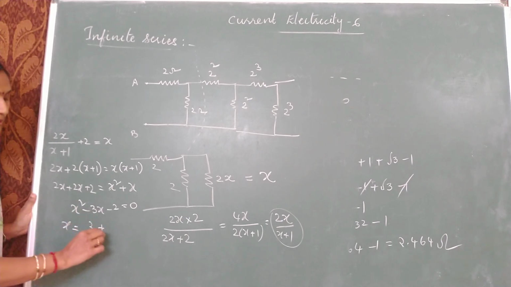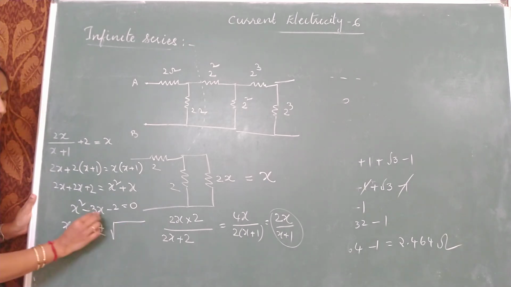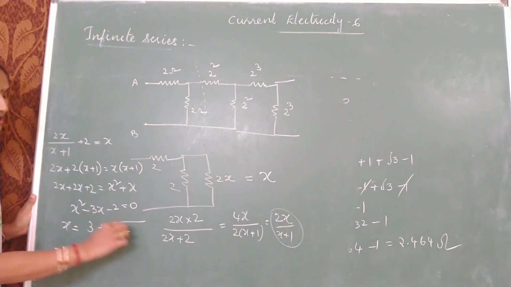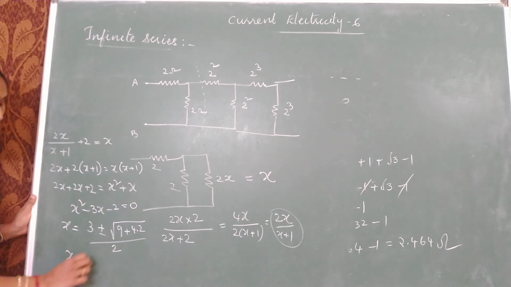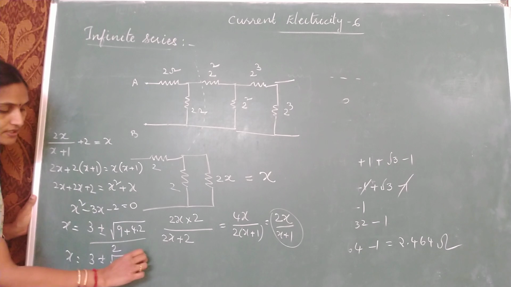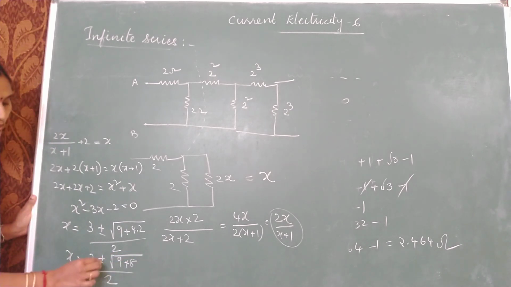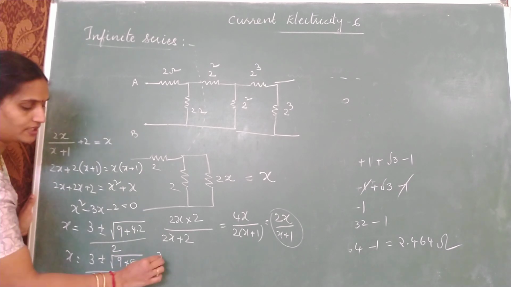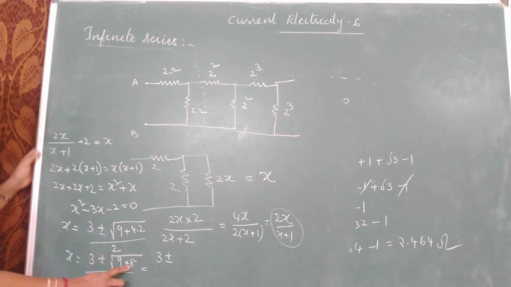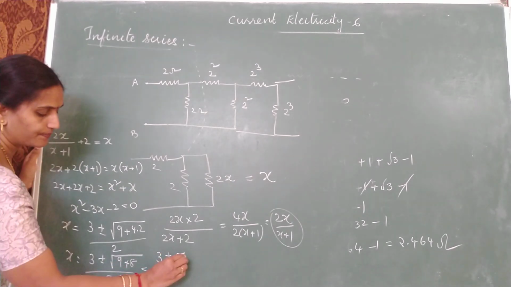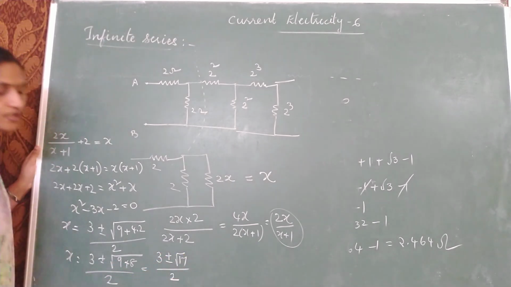Minus b plus or minus under root b square minus 4ac by 2a, so x is equal to 3 plus or minus under root 9 plus 8, divided by 2. You cannot have a negative value, so I will take only the positive value. 3 plus root 17 divided by 2.